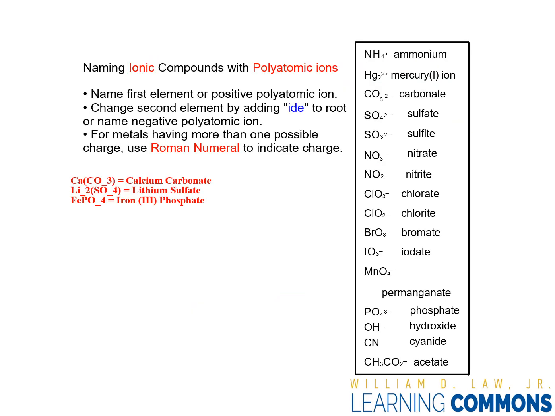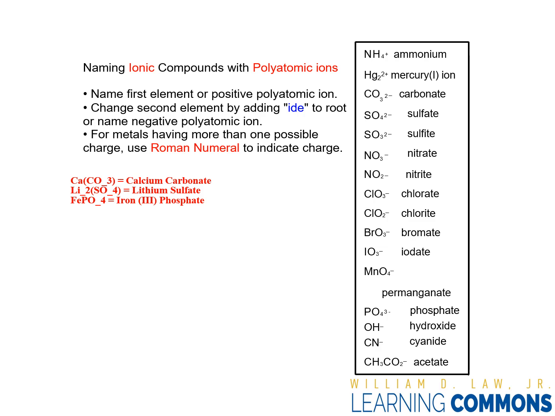How do we name the polyatomic ion? A polyatomic ion means a compound with many atoms, more than two. But before I go to this naming, I want to introduce some compounds, and we have to be familiar with how to name them. This is the common name for ammonium, NH4, and mercury, and the carbonate.